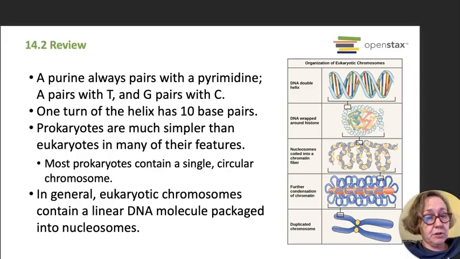Prokaryotes are much simpler than eukaryotes. Most prokaryotes contain a single circular chromosome, and in general, eukaryotic chromosomes contain a linear DNA molecule packed into nucleosomes like this: linear, wrapped around histones, formed into chromatin fibers, ultimately making this condensed chromosome.